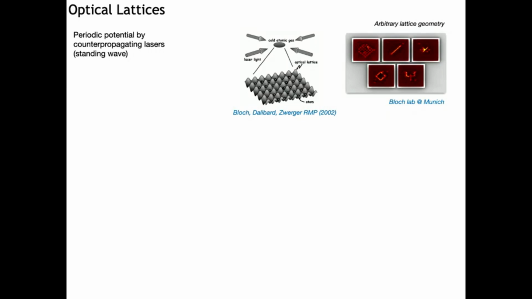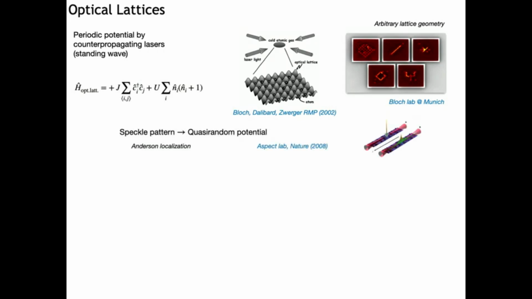There are all sorts of clever tricks that people invented to enrich the toolbox and realize richer and richer families of Hamiltonians. So one example is, if you use speckled patterns for light, you can realize quasi-random potentials. And this was realized, for example, in Alain Aspect's lab in Paris to study Anderson localization.